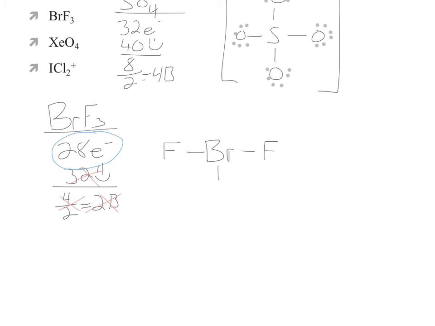That means I've got 5 regions of space. I've got these 3 here, and let's show that. Here's my 8 on the fluorine, 16, 24. I need 2 extra lone pairs.